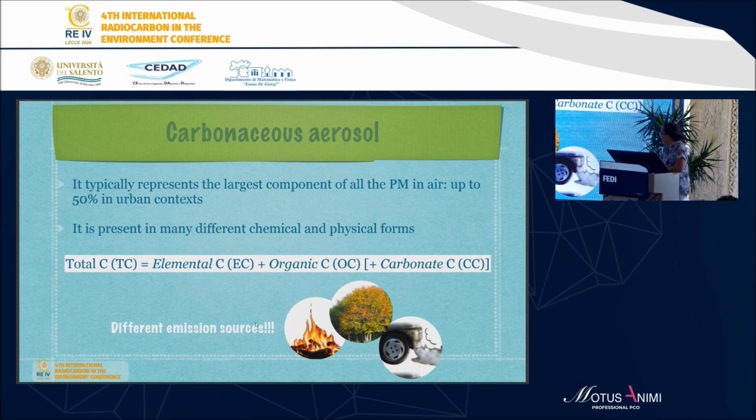As I told before, there are different emission sources, and here we have the main principal emission sources for both elemental and organic carbon, which are wood burning, natural emissions due to, for example, wind erosion or something like this, and also the combustion of fossil fuel.